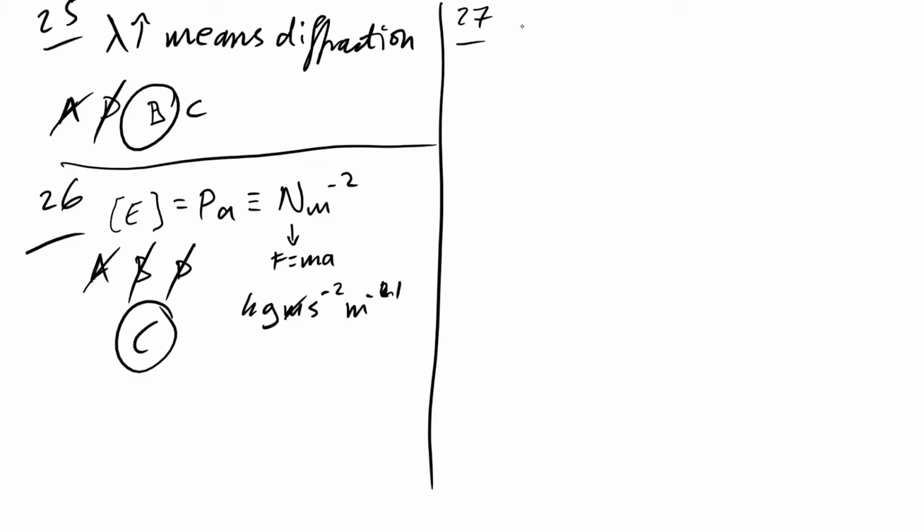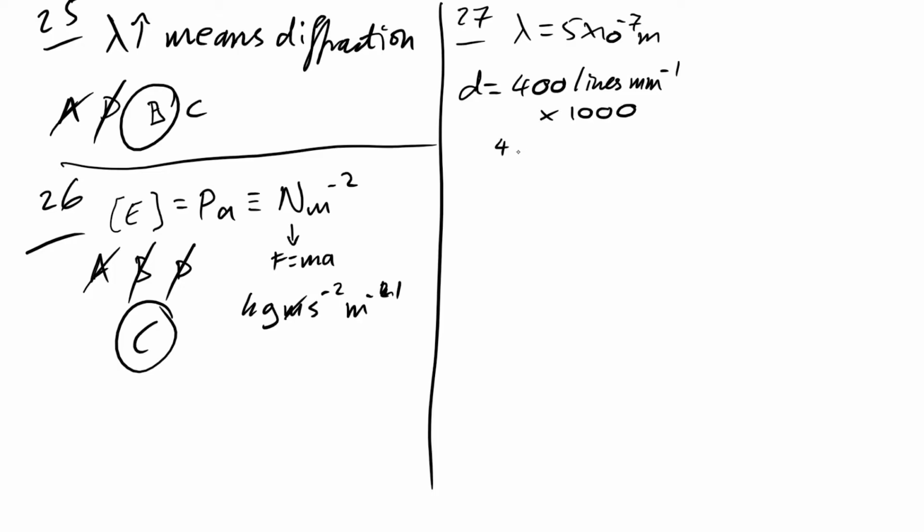Okay, diffraction grating. So a lambda of 500 nanometers, so that's 5 times 10 to the minus 7 meters. We have a grating spacing of 400 lines per millimeter. So timesing that by 1,000 gives us 400,000, or 4 times 10 to the 5 lines per meter. Therefore, 1 over 4 times 10 to the 5, I can see that's going to be 2.5 times 10 to the minus 6 meters.